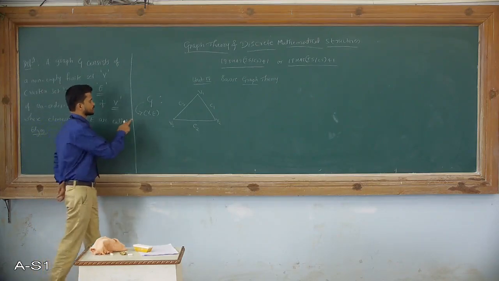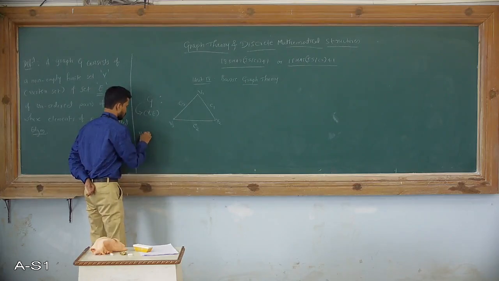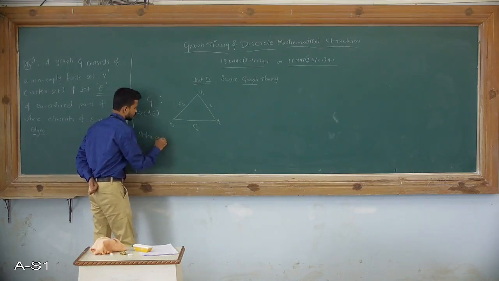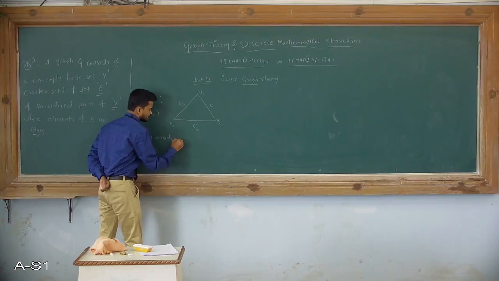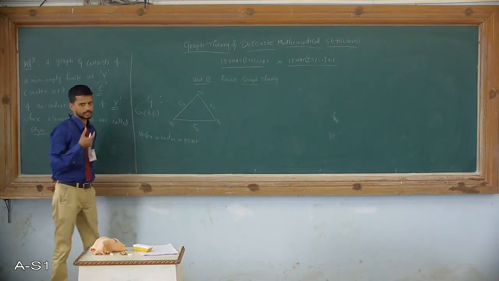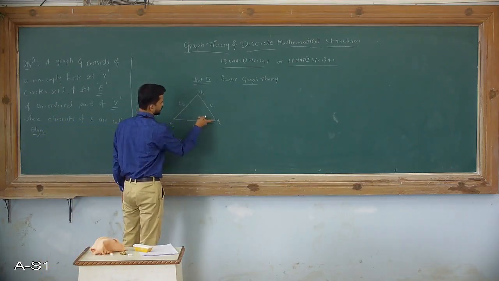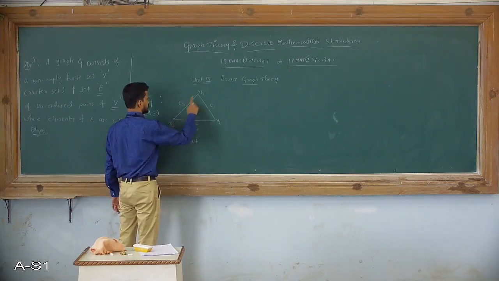Here a vertex means either a node or a point. An edge means a line joining 2 vertices. For example, vertices V1 and V2 are joined by E1, vertices V2 and V3 are joined by E2, and vertices V3 and V1 are joined by E3.